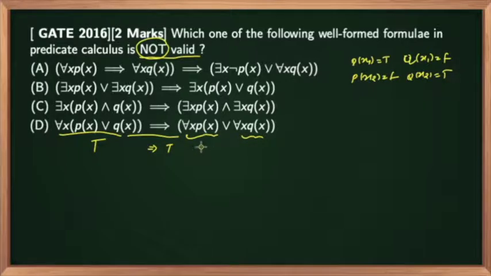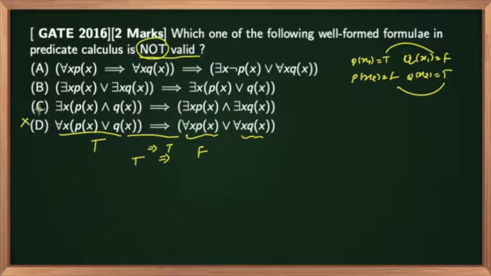So the right hand side I will be having false, right? And if you see the left hand side, it says for all x p of x or q of x, so that will be true, right? So I have true implies false, so that means choice D is wrong. So we have to find which one of the following is not valid. So it clearly says that choice D is wrong.